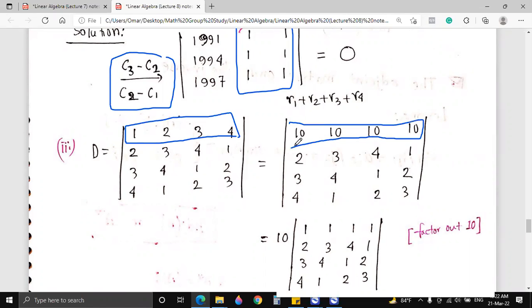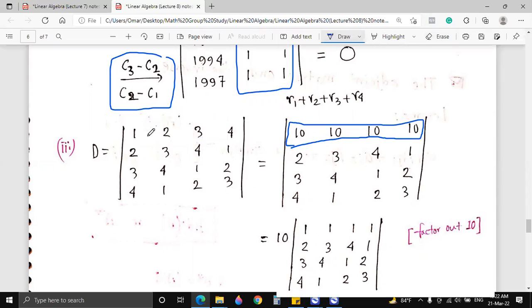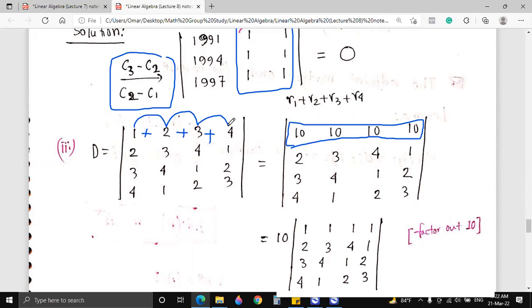So we just add these numbers: we add 1 with 2, and then 3, and then 4. That means 2 plus 1 is 3, 3 plus 3 is 6, 6 plus 4 is 10. Then we substitute the value into the first row. That means all the values of the first row will be 10, right?